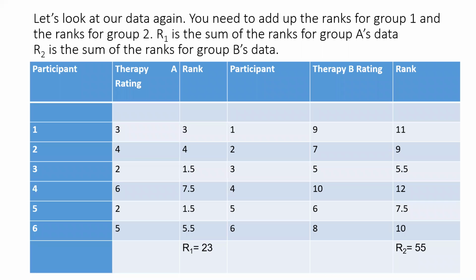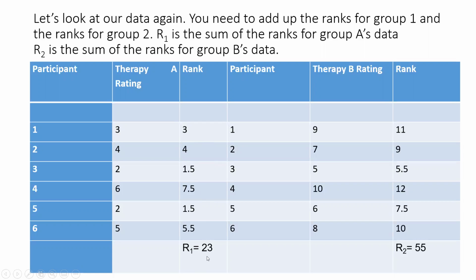Let's look at our data again. You need to add up the ranks for group 1 and the ranks for group 2. R1 is the sum of the ranks for group A's data. So 3 plus 4 plus 1.5 plus 7.5 plus 1.5 plus 5.5 equals 23.